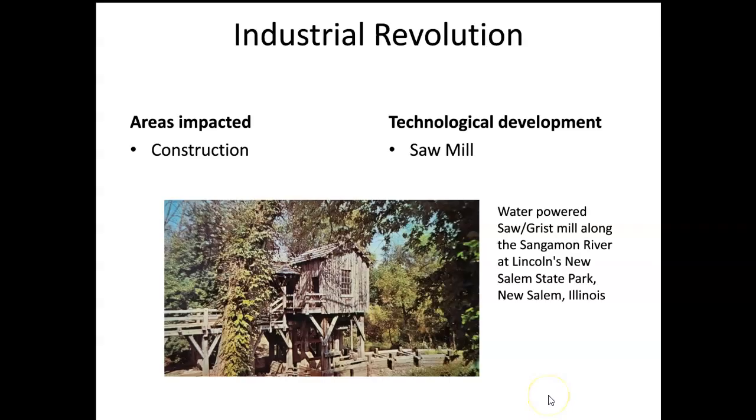Now, if you think about this time period, prior to the sawmill, on most of the prairie you would basically build log cabins. You would come through, hew trees down and build them.